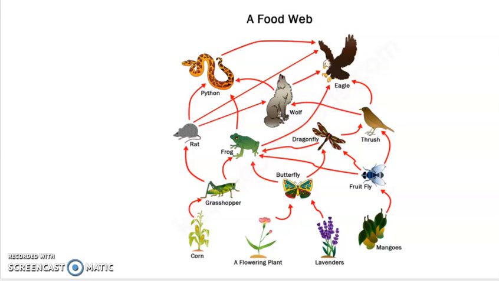And these losses are replaced by autotrophs, which convert sun energy into organic forms. Without the producers, the food chain would collapse. So it is really important to understand the rate of the autotrophs that do photosynthesis.